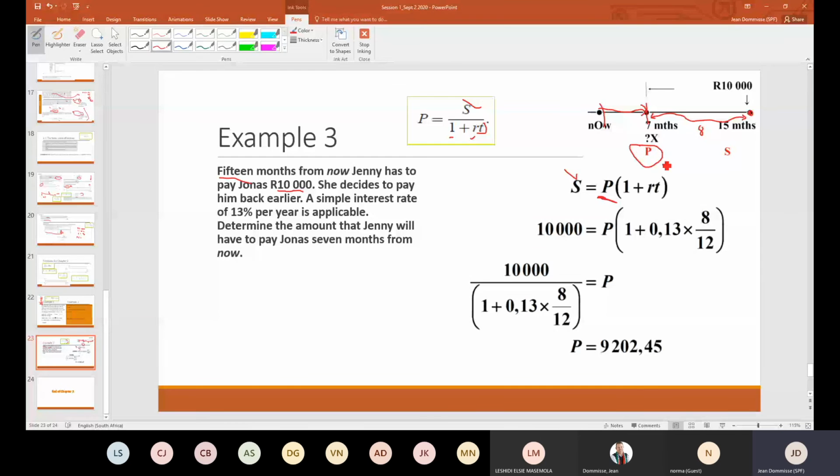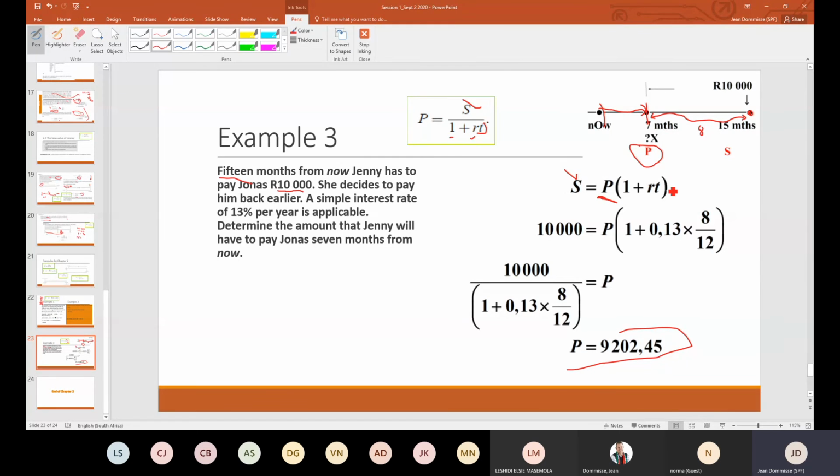So you need to go back 8 months basically. And then you have the 8 months, you multiply it by the 13%. If you then say 10,000 divided by that, you will get the P of 9,202 rand and 45 cents.